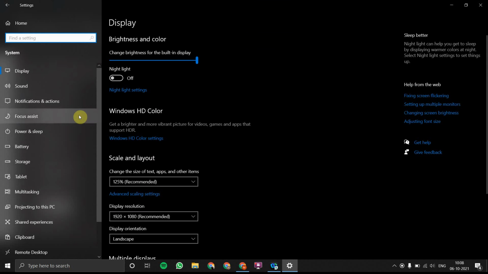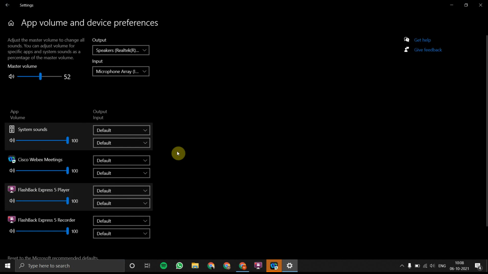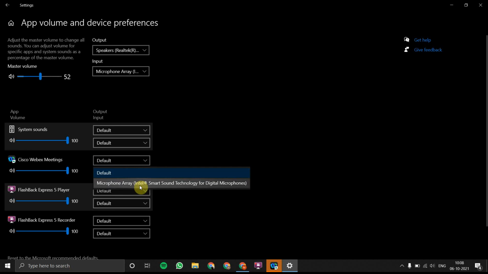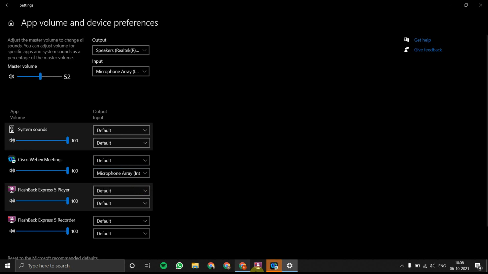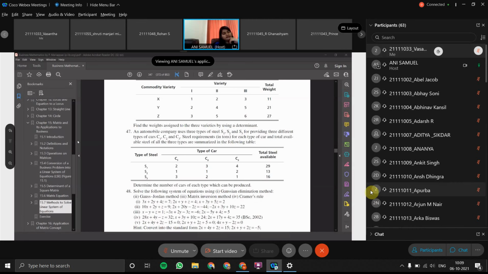Shruti Manjari, present, ma'am. Shubhangi, present, ma'am. Siddhi, present, ma'am.